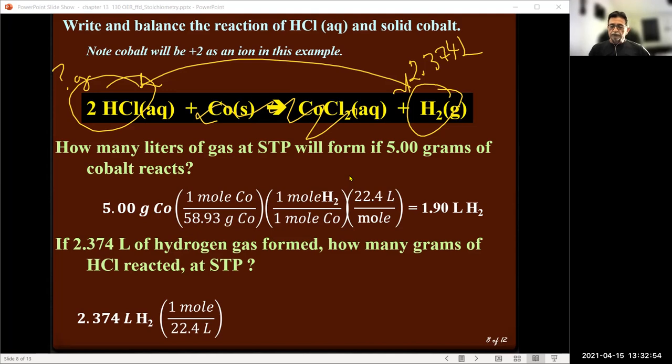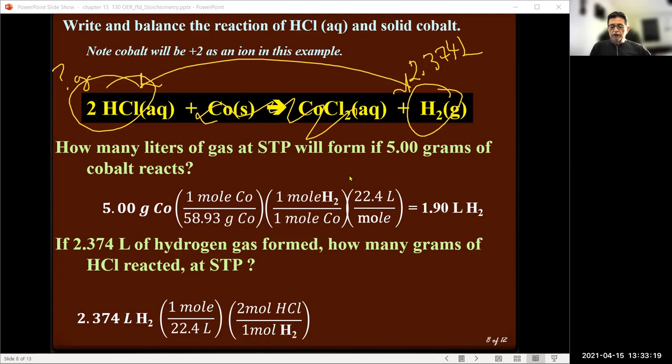Okay, so the first one converts us to moles of hydrogen gas. And then again, as always, we need a second conversion factor ratio that comes from the reaction, okay? And that is a stoichiometric relationship between hydrochloric acid and hydrogen gas, which is a 2-to-1 mole ratio. Okay, based on the balanced chemical equation.